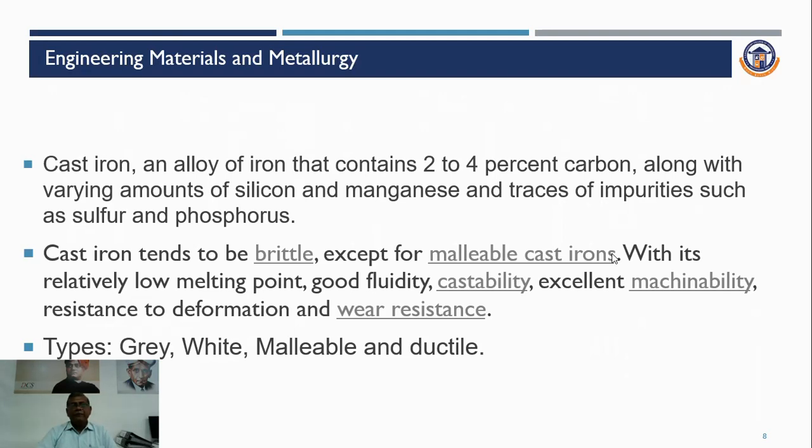Fluidity is better. Machinability is also good. Resistance to deformation and wear resistance are also good. There are different types of cast iron: grey cast iron, white cast iron, malleable cast iron, and ductile iron.